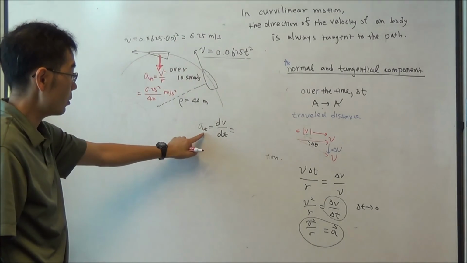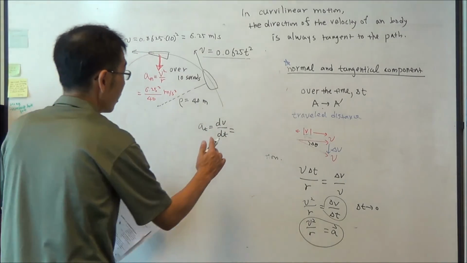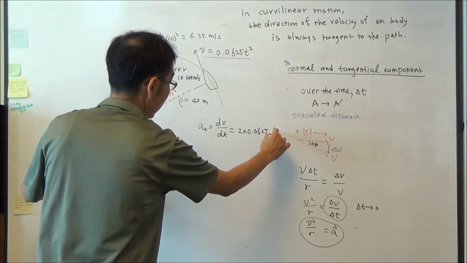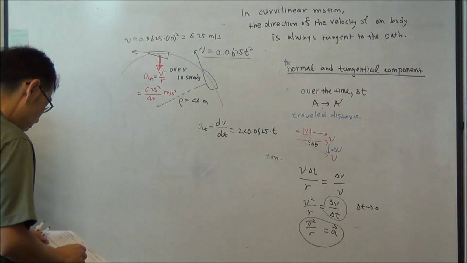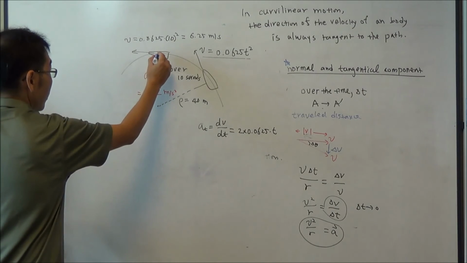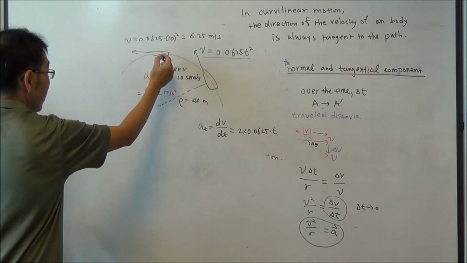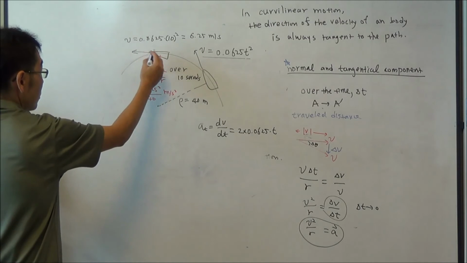That's why tangential acceleration is just dv over dt, which means 2 times 0.0625 t, in the same direction as your velocity.